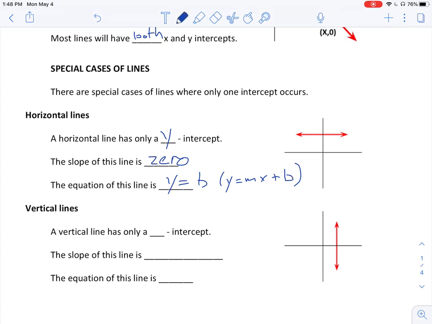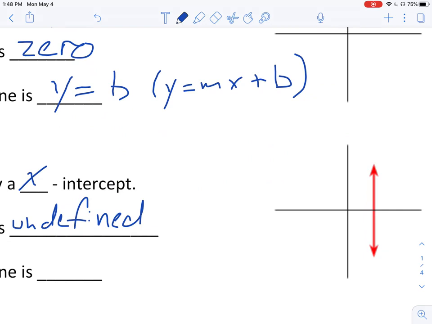When we talk about vertical lines, the vertical line only has an x-intercept. And we can see how this line only touches the x-axis. The slope of this line is undefined, which means that we cannot define it. If we were to think about this, our slope equation is equal to rise over run.